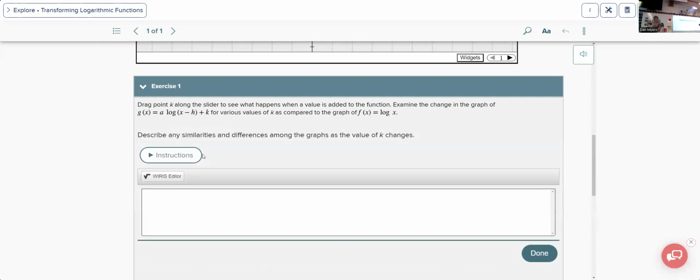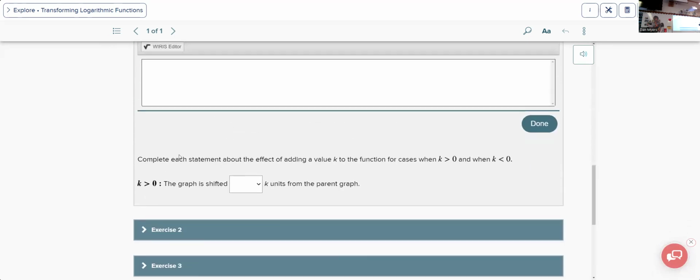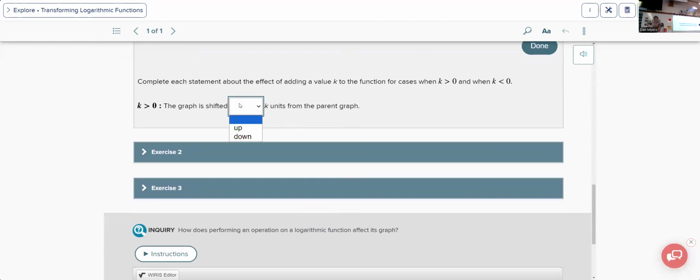All right. Describe any similarities and differences among the graphs as the value of K changes. Well, that's going to translate it up or down the amount of units. So here we go. Complete the statement. If K is greater than 0, what's our answer? Up. All right.